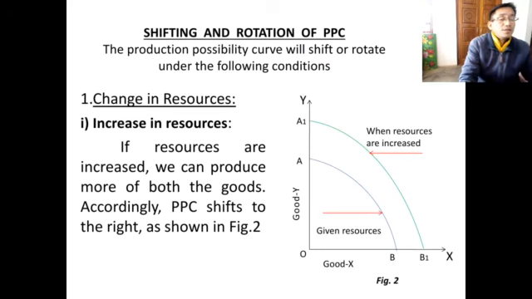The opportunity cost of producing every additional unit of good X tends to increase in terms of loss of good Y. In other words, transformation or shifting of resources from one use to another will obey the law of increasing marginal opportunity cost that we haven't studied yet.